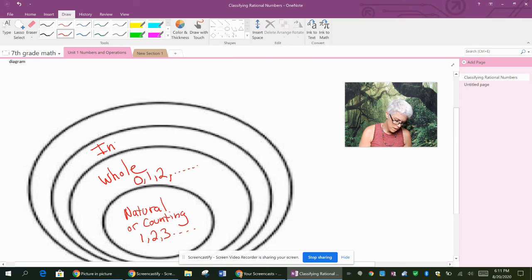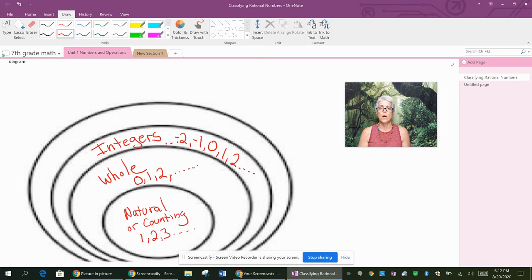Here we go. Integers. So it's like -2, -1. It includes 0 and then 1, 2, on and on and on. So there's my negative. Those are my integers, negative and positive whole numbers.